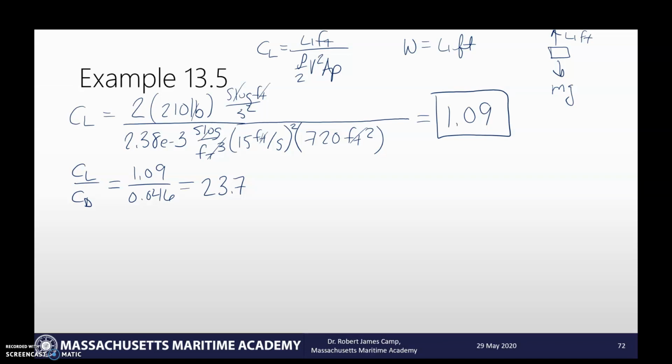Okay, and so the next thing is we want to know what's the power required by the pilot. So we need to overcome drag. So to overcome drag, it's the power times the efficiency equals velocity times the drag force. Okay, so we have the efficiency as given in the problem. We have the velocity. We have to calculate out the drag force, but we do have the coefficient of drag.